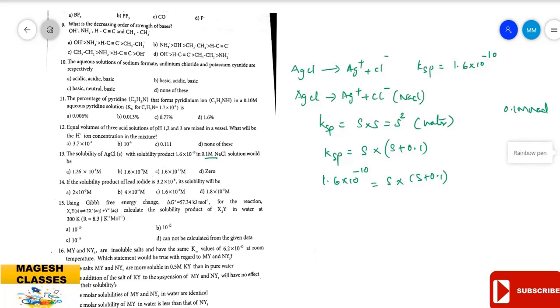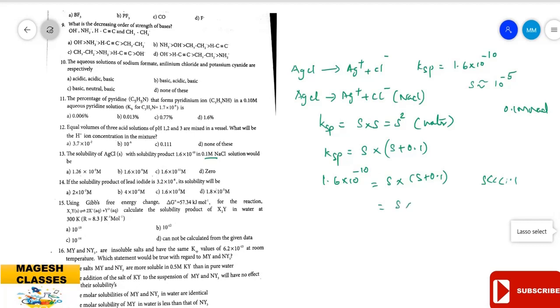When comparing the S value with 0.1, in the case of silver chloride, S is approximately 10 to the power of minus 5. So S is very small compared to 0.1, and you can neglect the S value.